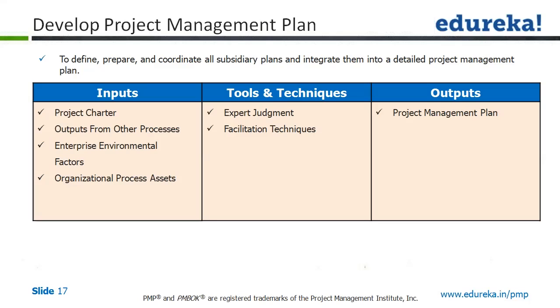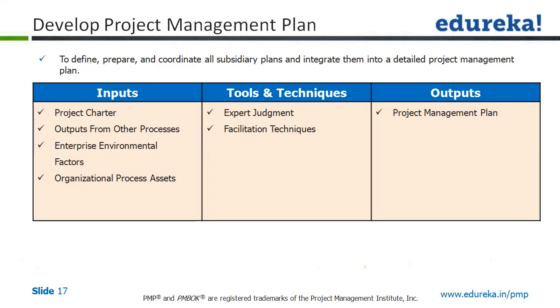These two items would continue to be inputs to most of the processes going forward. So this is there by default. And the second input, to which you should pay attention, is known as outputs from other processes. So what do we mean by outputs from other processes? I would cover that shortly for you.